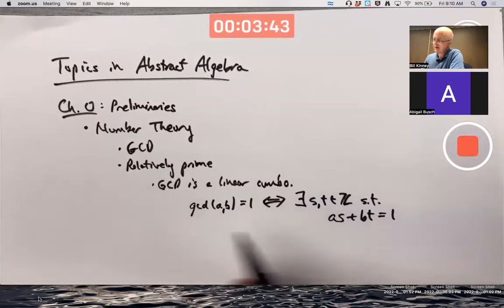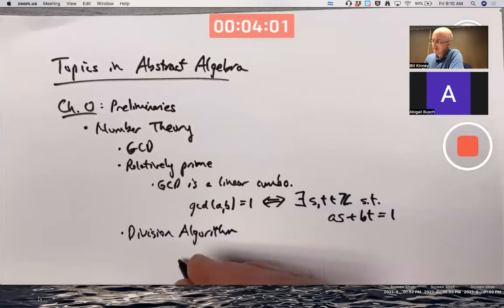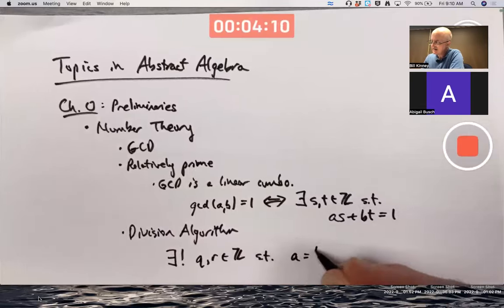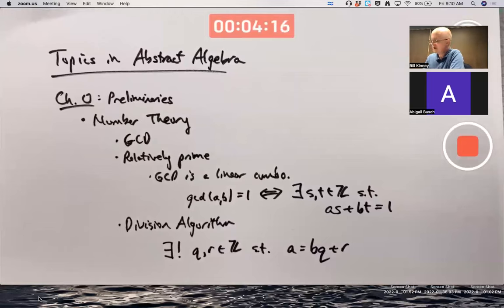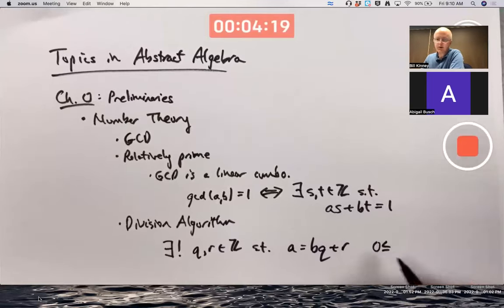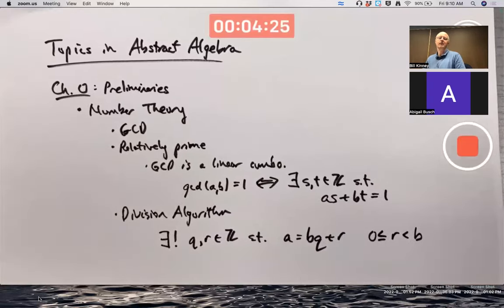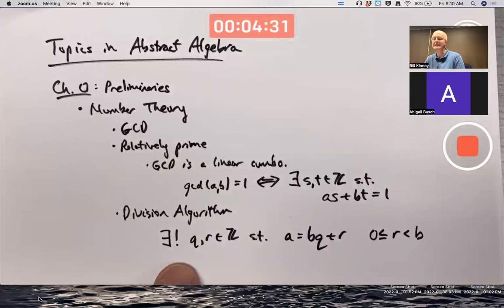We also have the division algorithm in there, which of course says that given any two integers, A and B, where B is positive, and you're imagining dividing A by B, there exist unique integers Q and R such that A equals B times Q plus R, where this uniqueness, you should remember, is under the condition that R is greater than or equal to 0 and less than what you're dividing by, less than B. The backwards E means there exists, and the exclamation point here means unique.